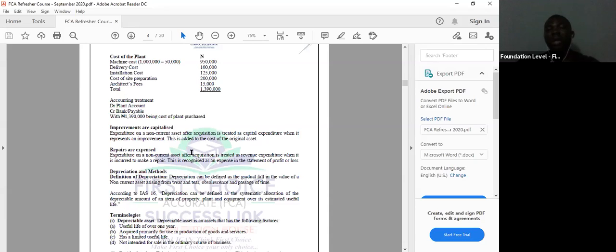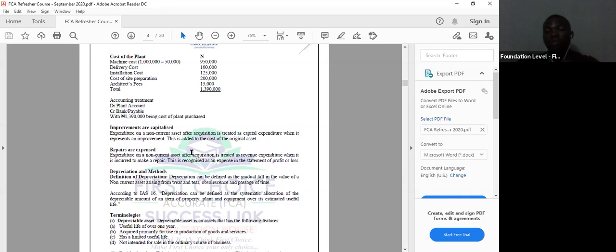For example, I have a vehicle of 1 million. After that the vehicle now needs what we call the engine. So I now purchase an engine of 500,000. That engine of 500,000, I must capitalize it. The reason is that maybe the vehicle has 2 years left, and the engine now increases it from 2 years to 4 years, or the engine will increase the capacity of the output that we are enjoying.